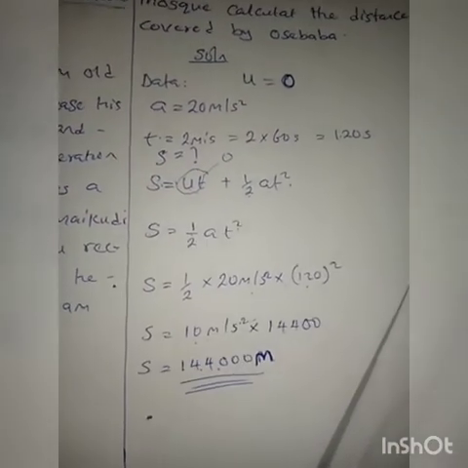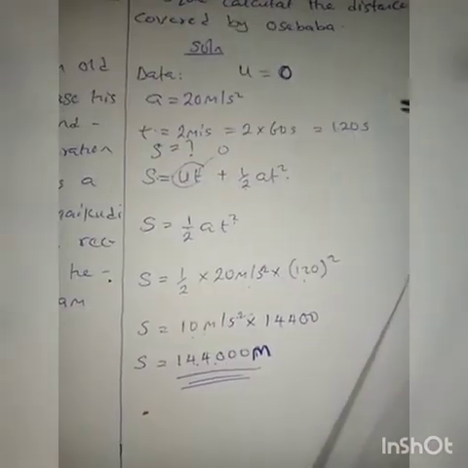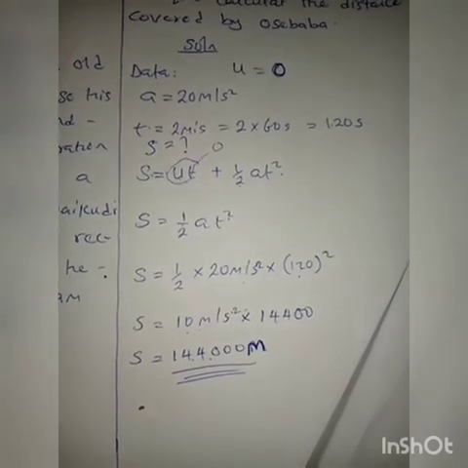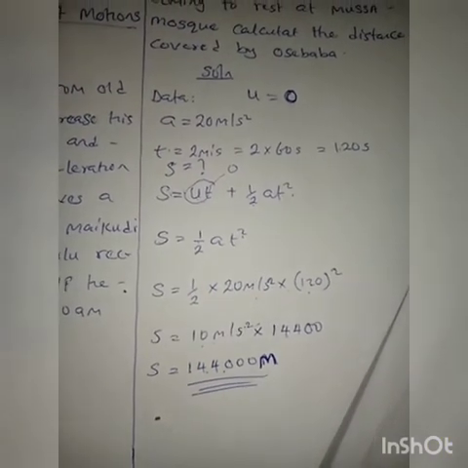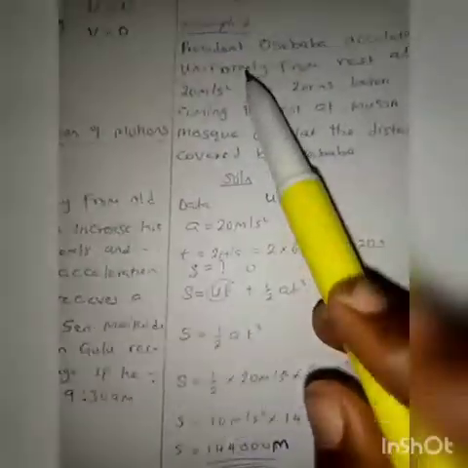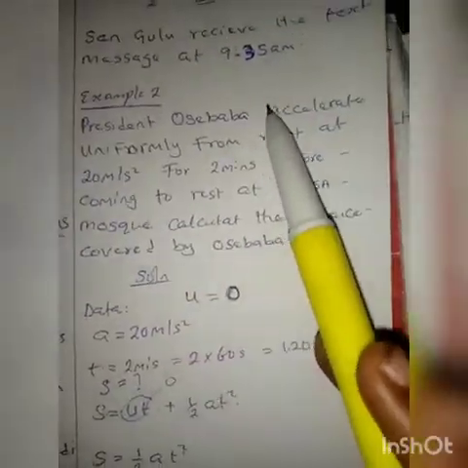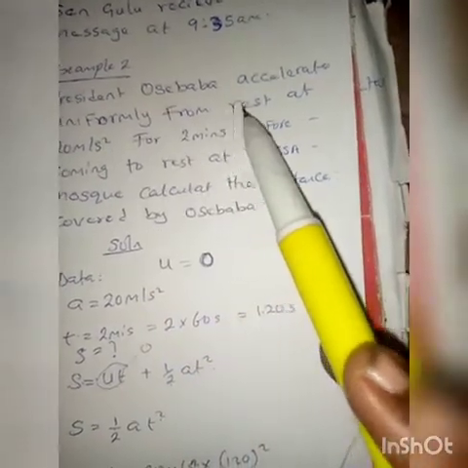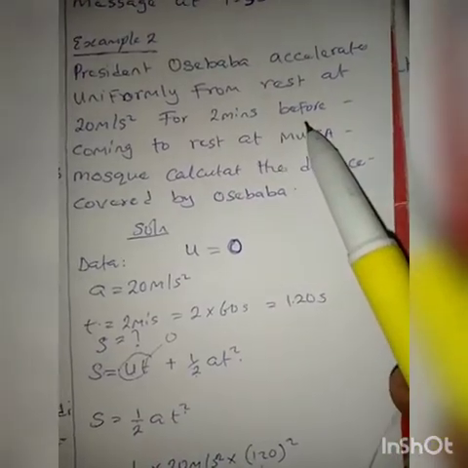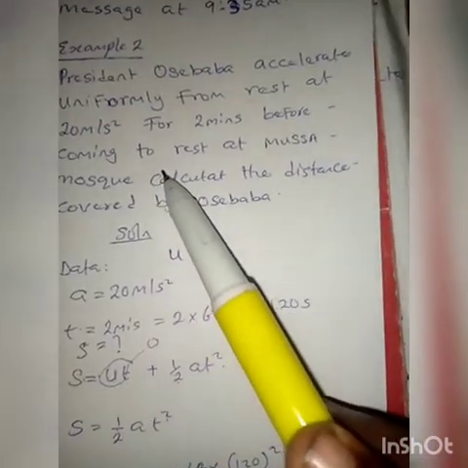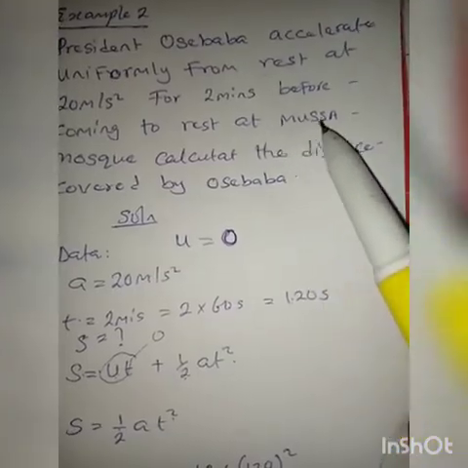So it shows that the distance covered by President Osebaba is 144,000 meter. The question again says President Osebaba accelerates uniformly from rest at 20 meters per second square for 2 minutes before coming to rest at Musa Mosque.